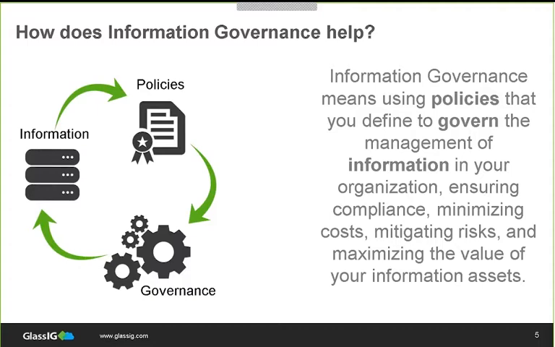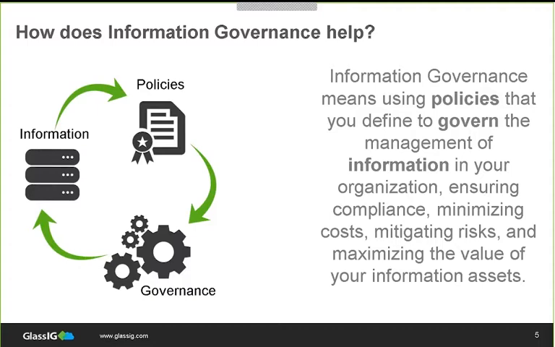At the end of the day, the business outcome is that risks are mitigated, processes are more efficient because people have the information they need at their fingertips. You've made decisions about managing your information that accommodate the risks and the value and the costs. So this is what our customers are deriving.